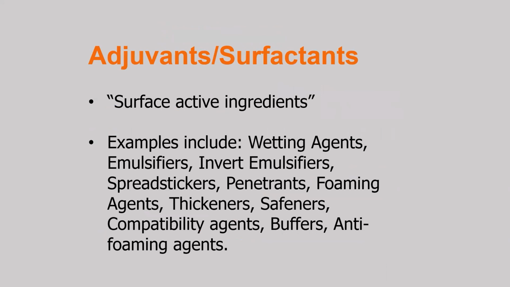Adjuvants and surfactants. Basically, the definition of that is going to be surface active ingredients. Like I mentioned in the couple of slides previous to this one, some of the examples are wetting agents, emulsifiers, invert emulsifiers, spreader stickers, penetrants, foaming agents, thickeners, safeners, compatibility agents, buffers, and anti-foaming agents.